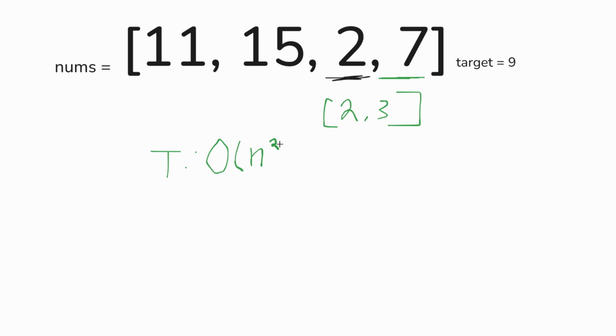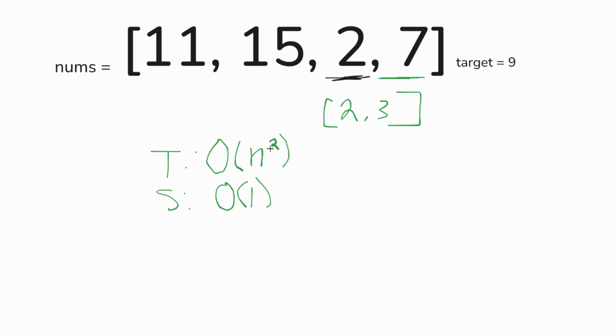The reason why it's O of n squared is because for every number in our nums array, we're potentially checking all its next possible pairs in order to find the target. And n in this case is the number of numbers in nums. And space complexity in this case is going to be O of 1, so it's going to be constant space, so that's pretty good because we're not defining any other extra data structures.